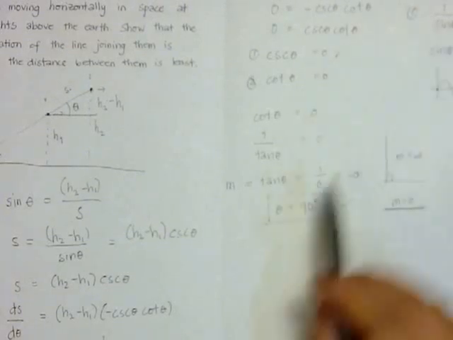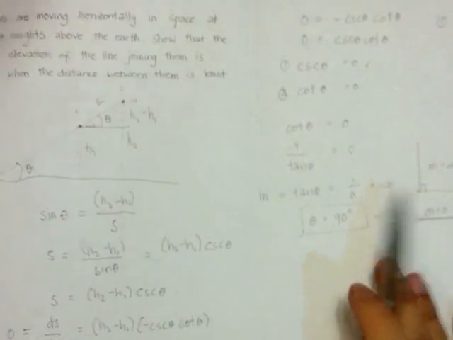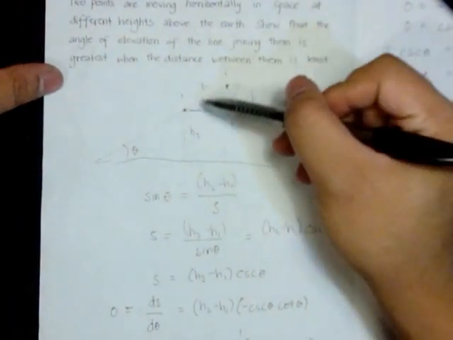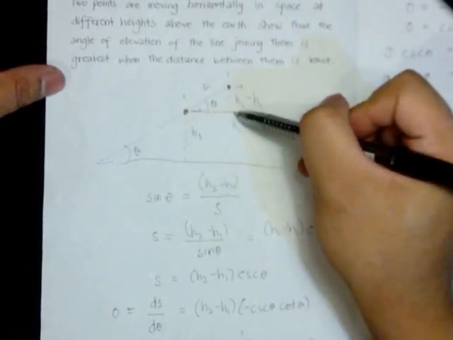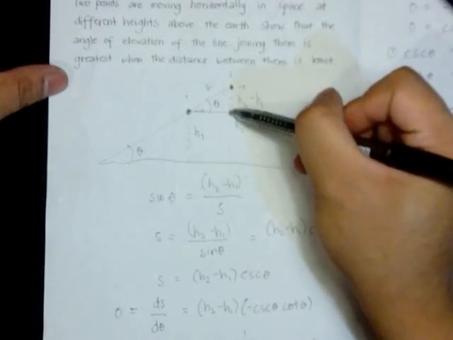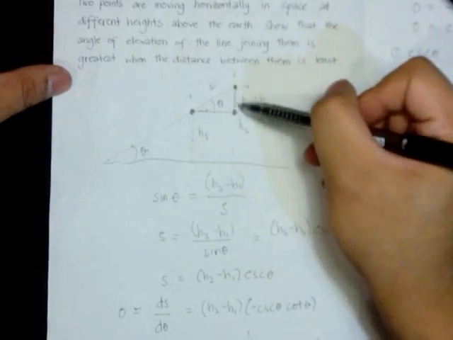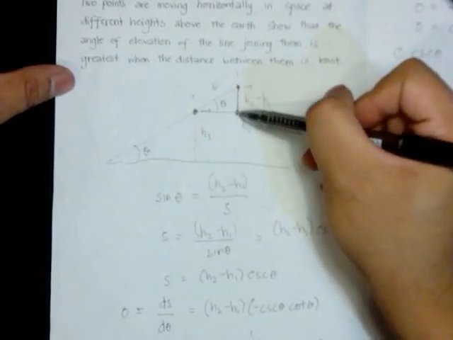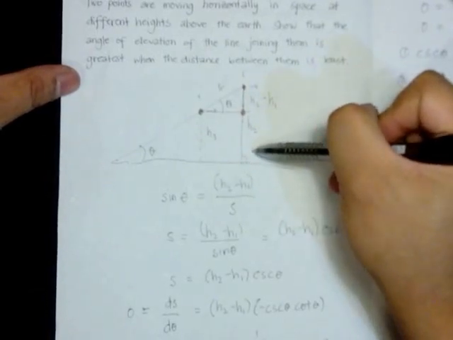Now we know that theta is 90 degrees based on this. So if we're going to consider back in our figure, if point 1 moves faster horizontally to just beneath, directly below point 2, and we connect this line to the ground, this will become our angle of elevation of 90 degrees.